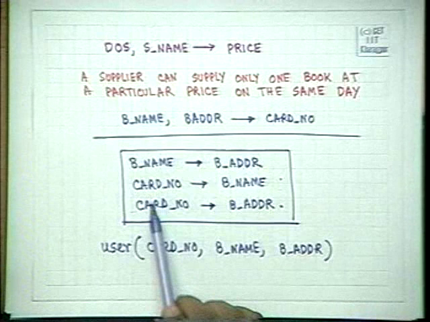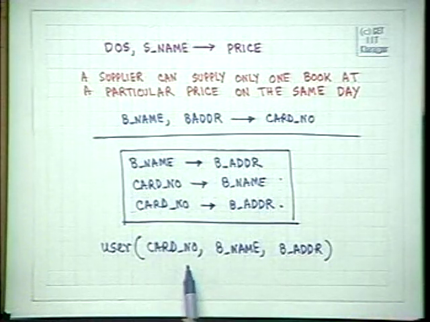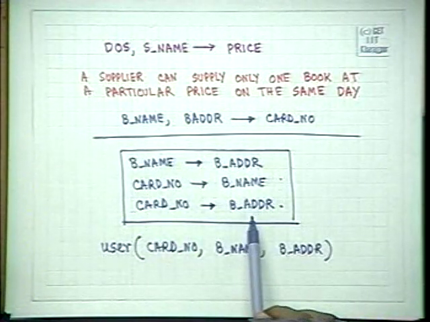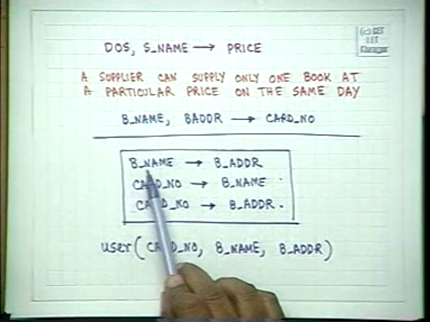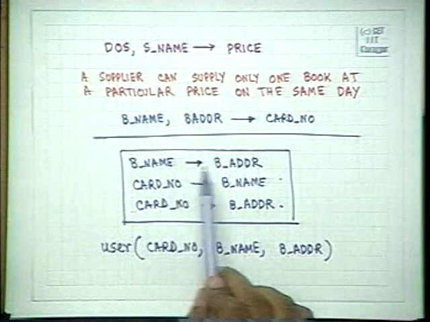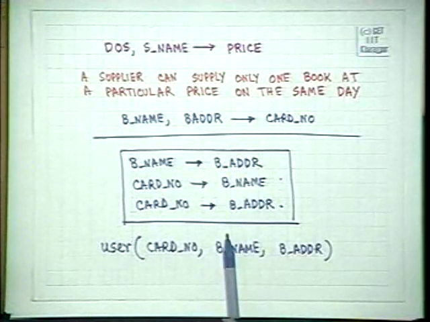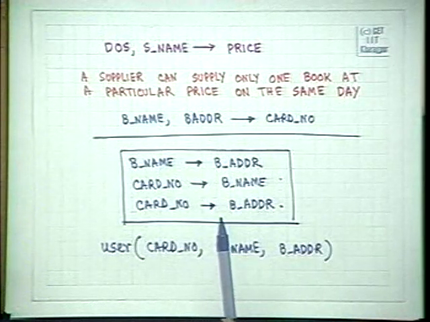Card number becomes the primary key because all other elements are dependent on it. However, if borrower's name is same, borrower's address must be same, in the sense that we cannot have two people with the same name and different address.